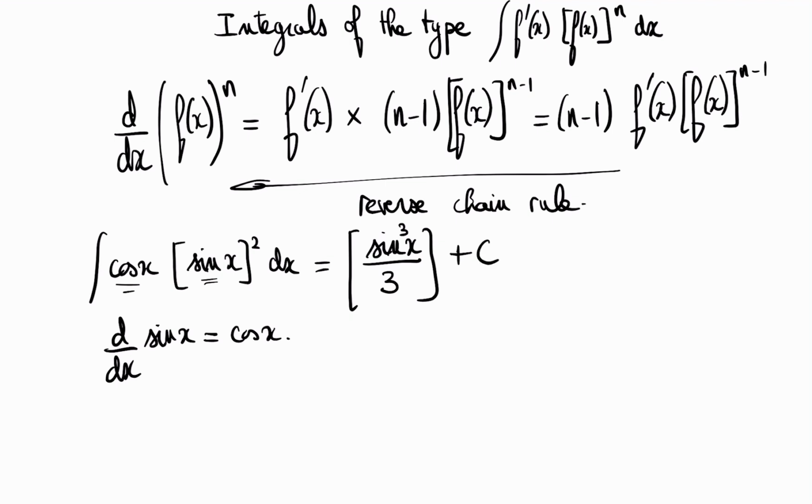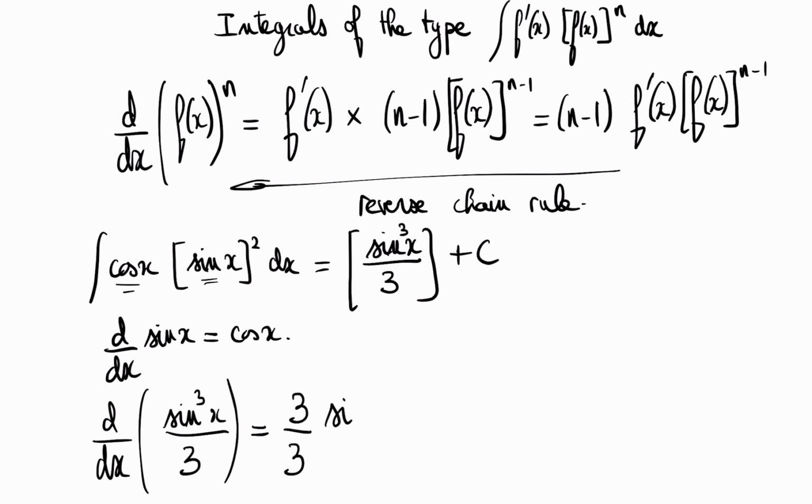Let's check by differentiating it. If we differentiate sine cubed x over 3, that's going to be 3 over 3 sine squared x times the derivative of what's inside, which is cosine x, and indeed that's sine squared x cosine x.